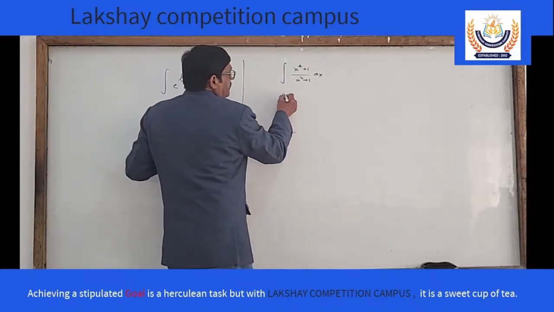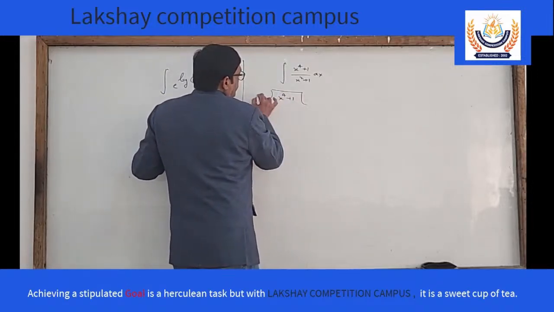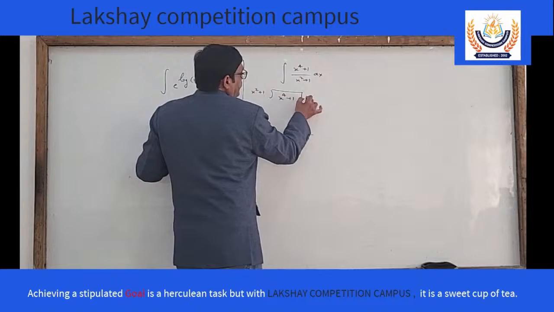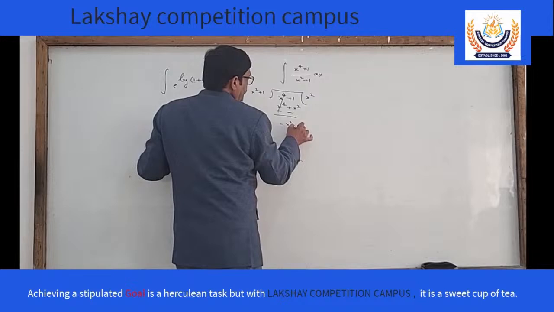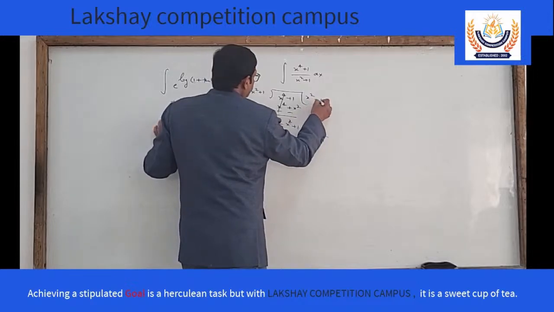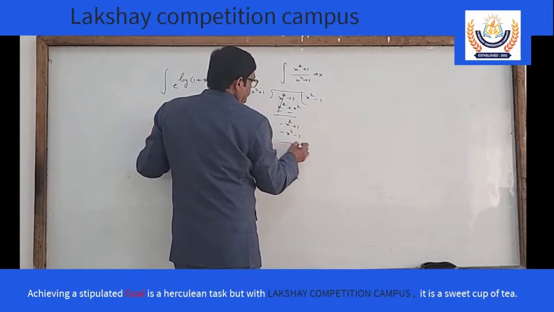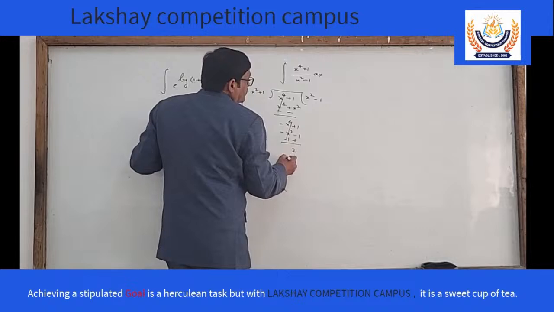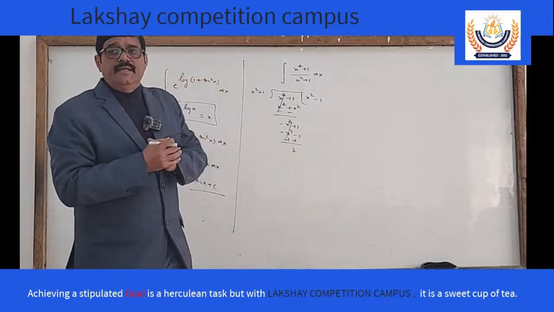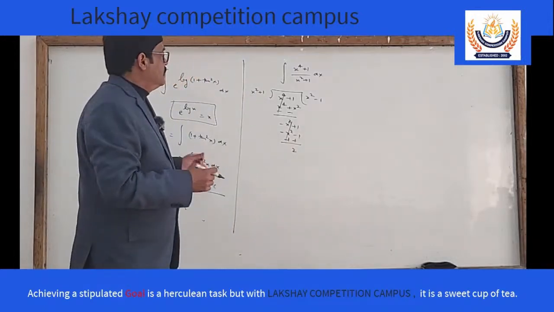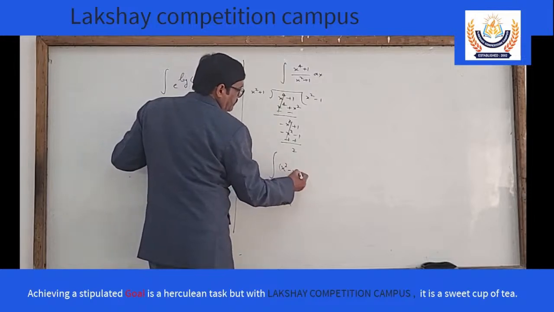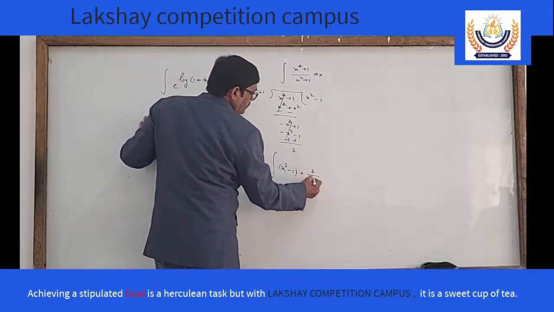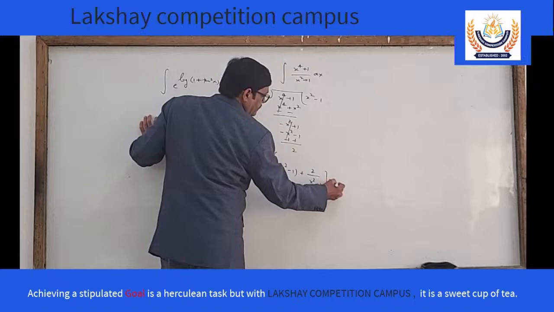We divide and find x square, minus x square plus 1, minus x square minus 1. Convert it in division form. So we write x square minus 1 plus 2 upon x square plus 1.